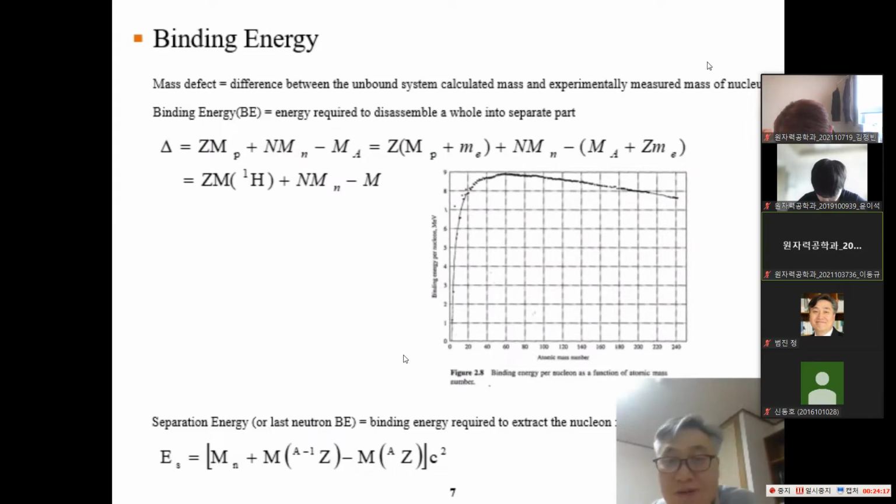So the heavier material emits energy when it splits and becomes the size of iron, and the lighter element emits energy when it fuses.